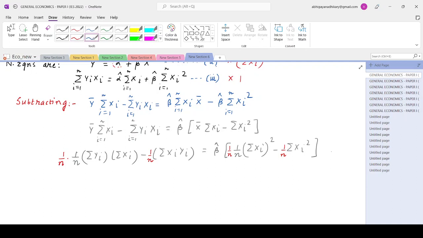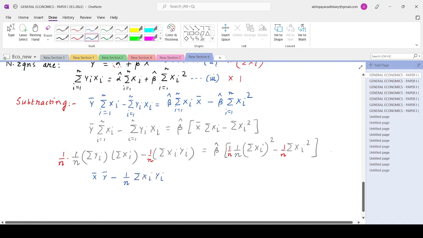Taking 1 by n with each of them, it will be x bar y bar minus 1 by n summation xi yi, which is equal to beta hat. This will become x bar square because the 1 by n will go inside the whole square, and that will become x bar squared. So this will be this minus 1 by n summation xi square.